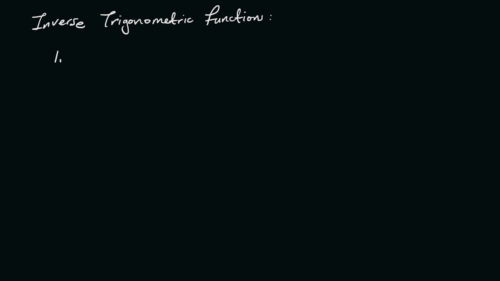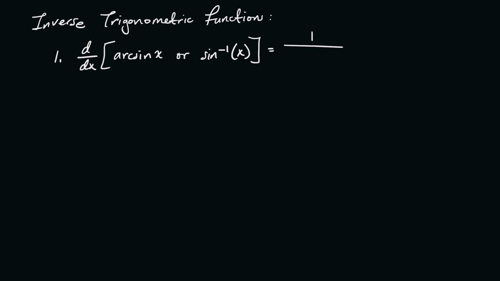So for the first one, let's do the derivative of arc sine x, or sine -1 x. And that's just equal to 1 over the square root of 1 minus x squared. Alright?